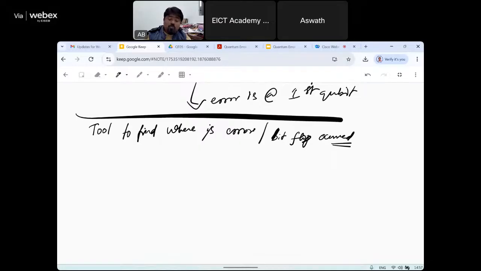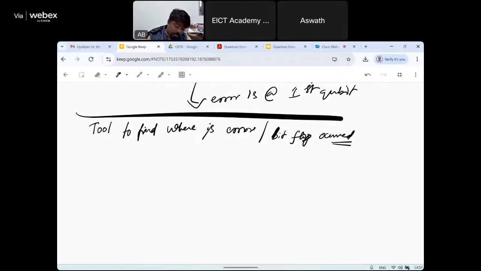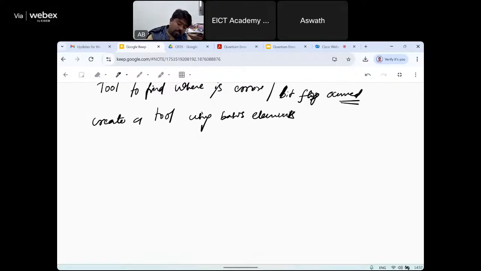Interestingly, you can create a tool using the basis technique, basis elements. What is that? If you just take 000, this is one of the basis states of a 3 qubit system. You see all the qubits are alike.